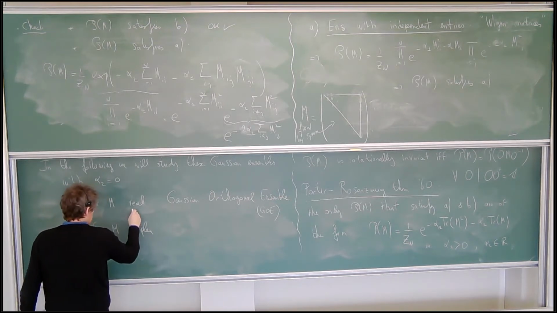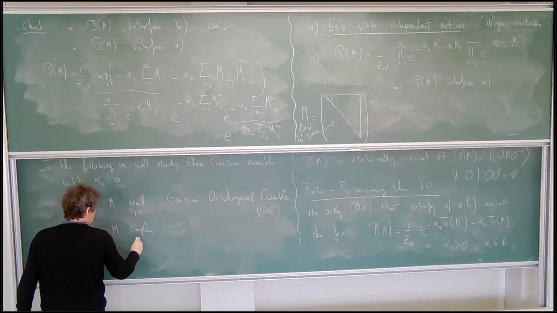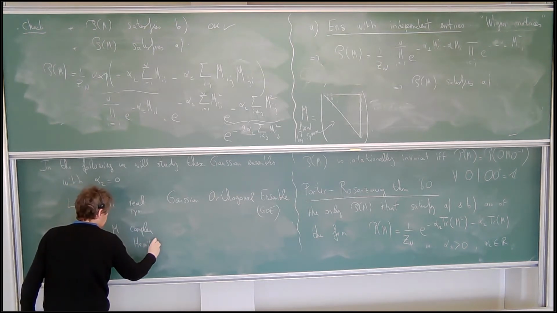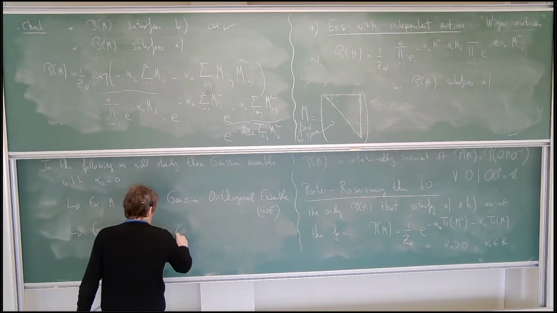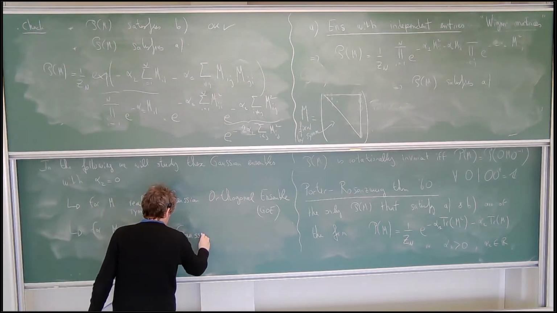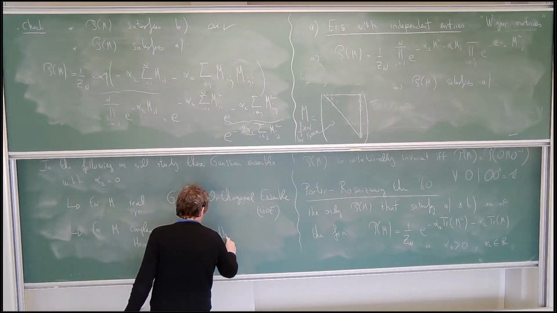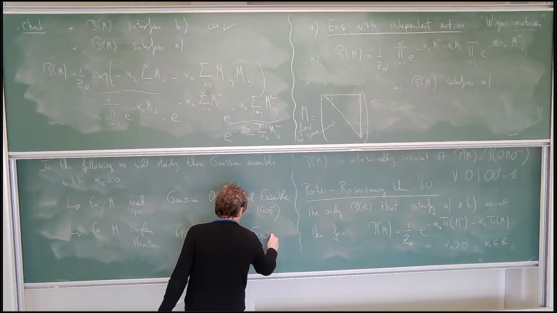So if it's real and symmetric, it is the GOE, and here it's complex Hermitian. This is called, in this case, the Gaussian Unitary Ensemble, which is called the GUE.